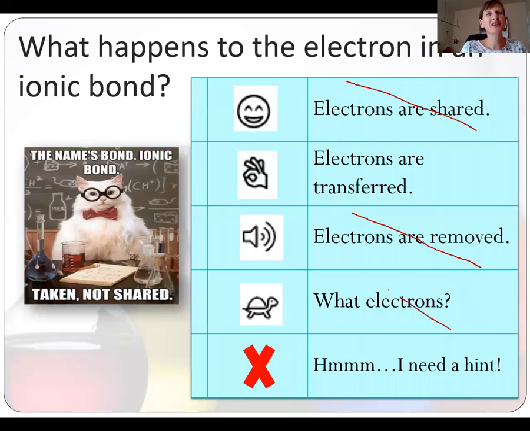And what electrons? Of course, it can't be the tortoise there. So it has to be our OK symbol that electrons are transferred. When you transfer that electron, then you get a positive ion, which is a cation, a negative ion, which is an anion, and they stick together through electrostatic forces.